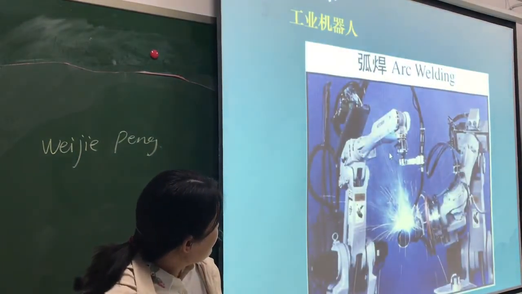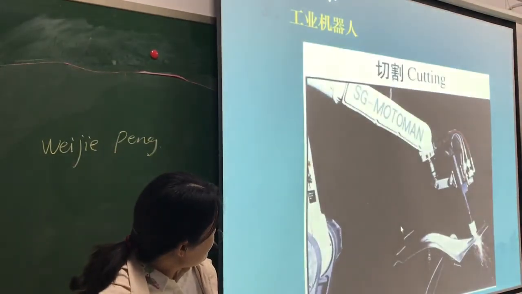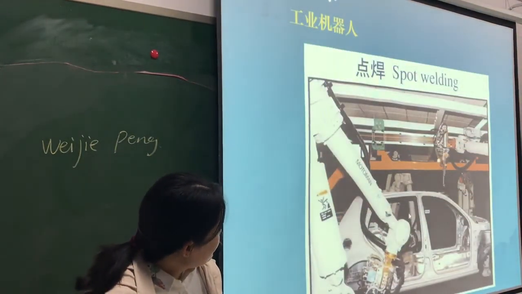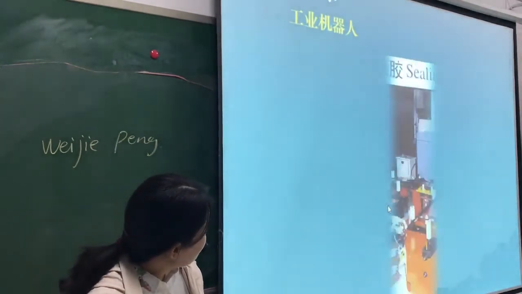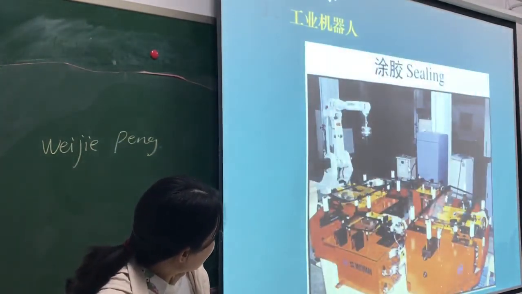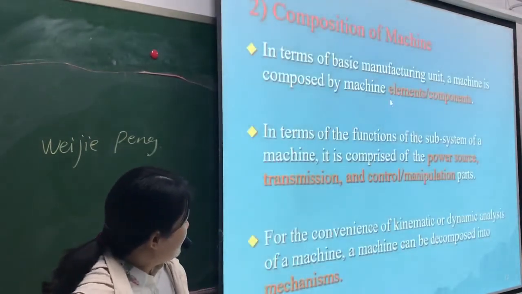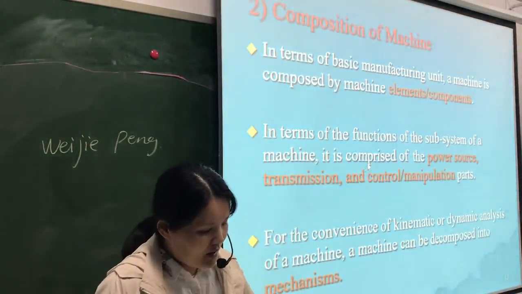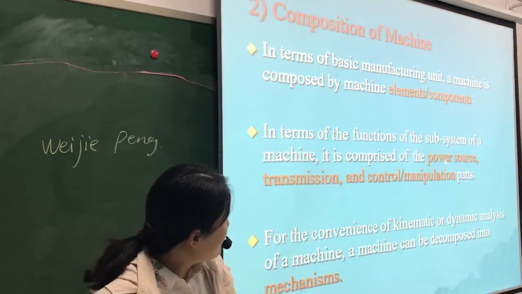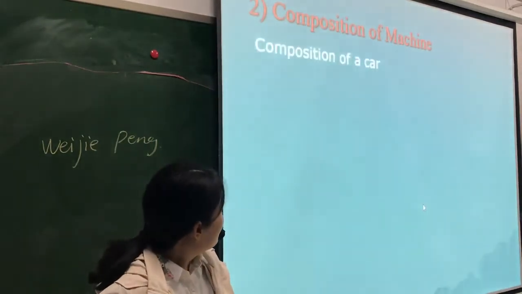This is an arc welding machine, a cutting machine, a spot welding machine, a handling machine, a sewing machine, and a braiding machine. The machine is comprised of a power source, transmission, and control parts.